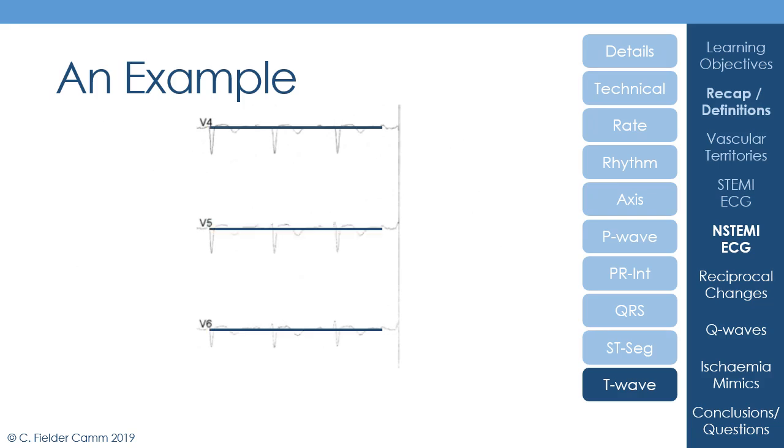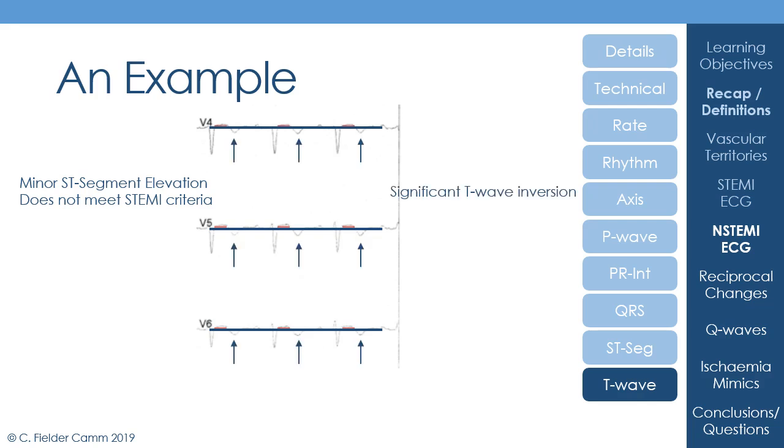So if I take an isoelectric reference line, you will see, and I think some of you will have picked this up, that there is some minor ST segment elevation, but it probably doesn't reach our criteria for being a STEMI. Certainly V4 is very minor at the J point. V5 and V6 are slightly more, but I really don't think we're in ST segment elevation territory when you compare that to the previous ECG we've shown. But there's obviously quite significant T-wave inversion here.